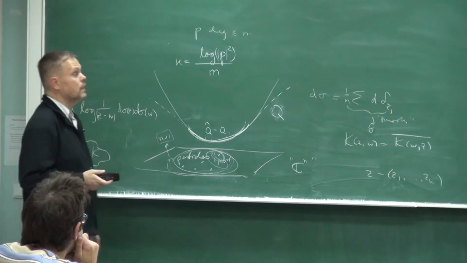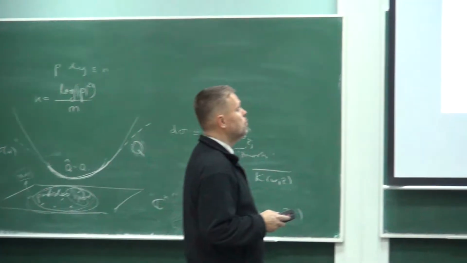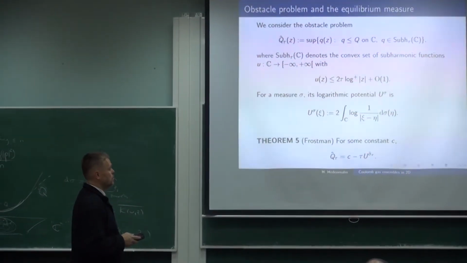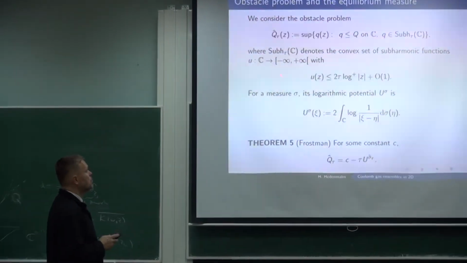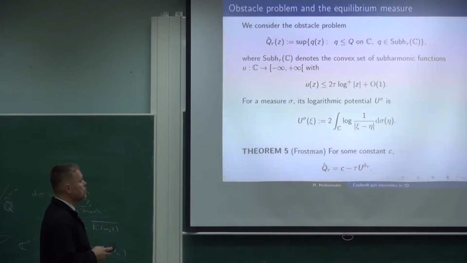Okay, now here Frostman's theorem gives the relationship between the equilibrium measure and the solution to the obstacle problem. So the solution to the obstacle problem is just equal to a constant minus tau times this logarithmic potential associated with the equilibrium measure.